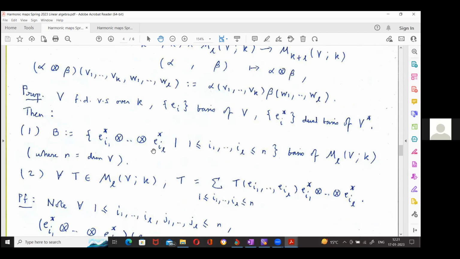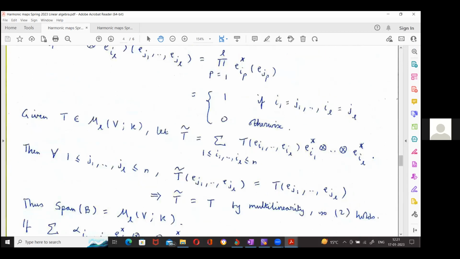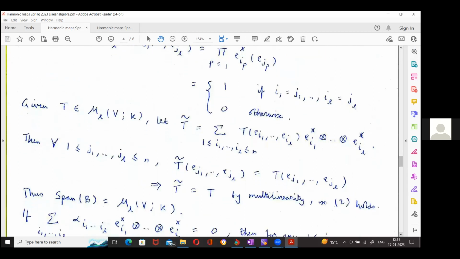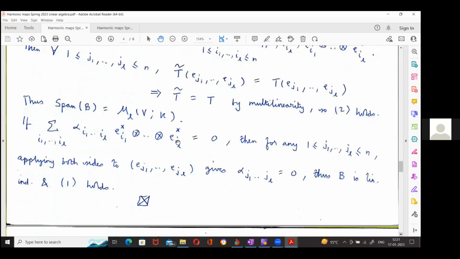Now I have to check that these are linearly independent. That is also quite simple. Suppose I have a linear combination, a sum over I1 to IL of coefficients alpha I1 to IL times EI1 star tensor EIL star, equal to 0. Then I take a multi-index J1 to JL and apply both sides of this equality to the L tuple of vectors EJ1 to EJL.